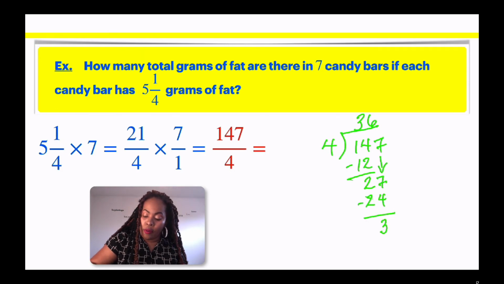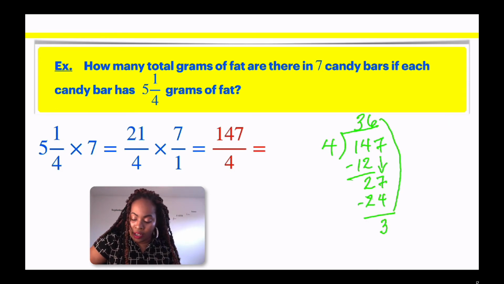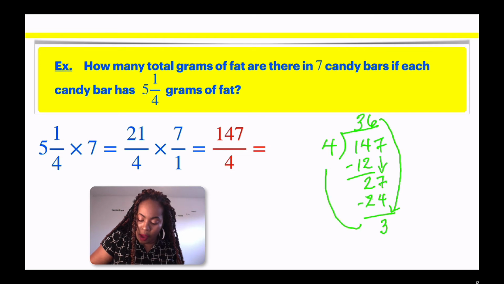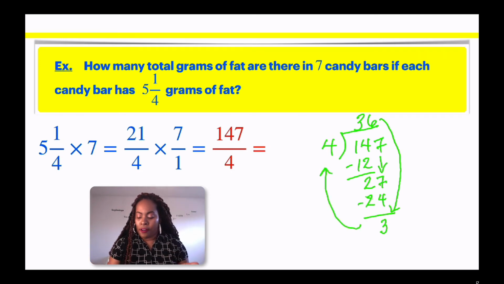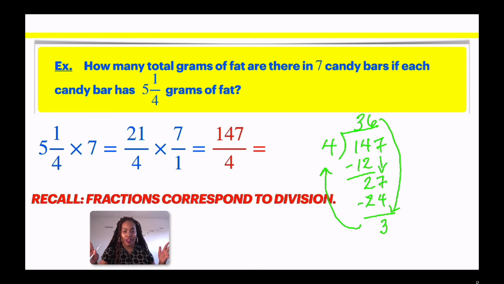Now, once we do all that work, I like to draw these little lines right here to show my direction of how I'm going to get my mixed number. So that 36 is my whole number, and then it's 3/4. You see that there? I love that workflow. So recalling that fractions correspond to division, that's why we did it this way in order to convert it back to a mixed number. And now we know that our mixed number is 36 3/4, okay?